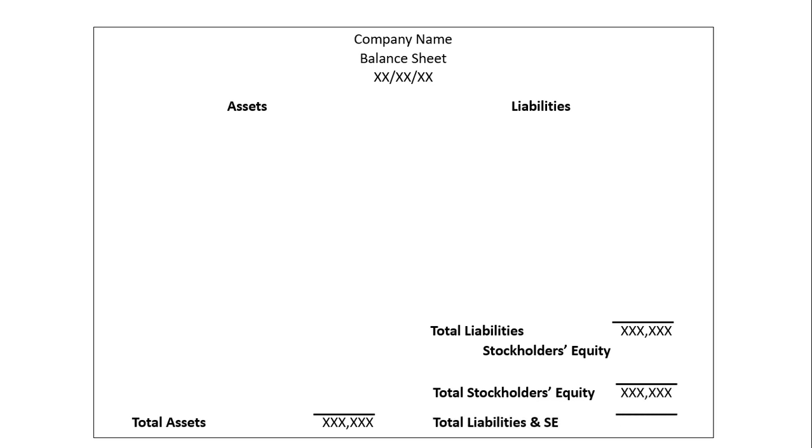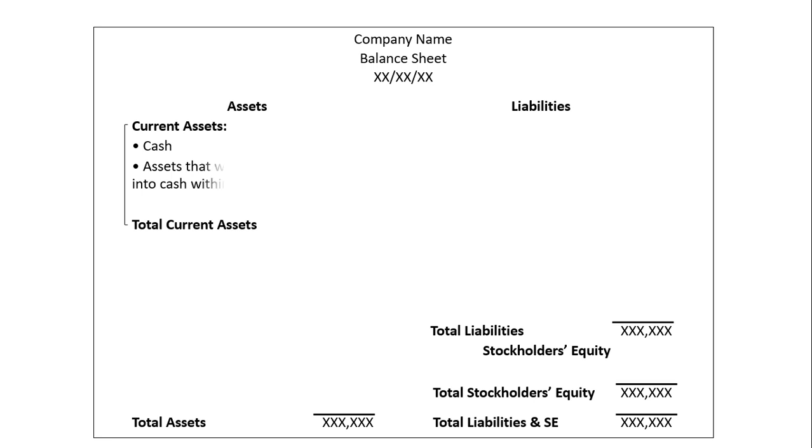But if we're interested in a company's liquidity, the classified form of the balance sheet is useful. The classified balance sheet subdivides assets and liabilities into current and non-current groups. Current assets are assets that are currently cash or will turn into cash within a year, and prepaid expenses.